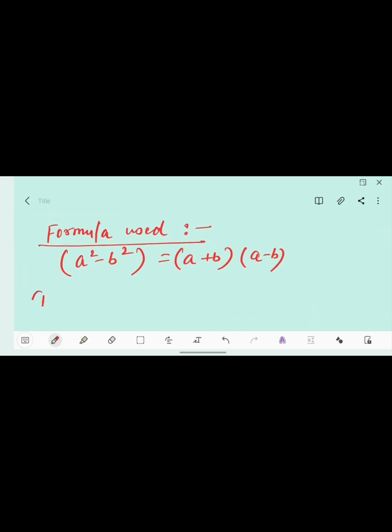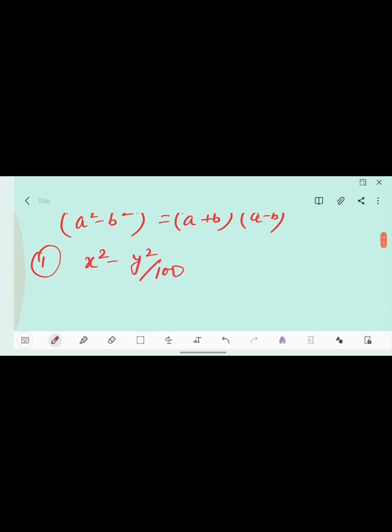The first example I'm taking here is x square minus y square by 100. By looking at this question, let us convert it into the format of a square minus b square. We get x square minus (y by 10) whole square.